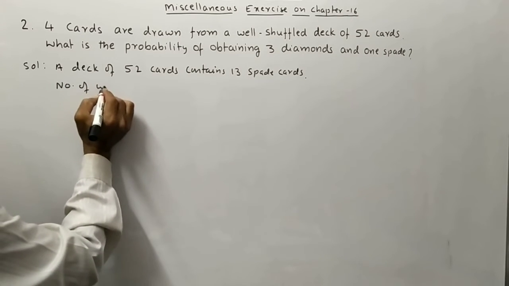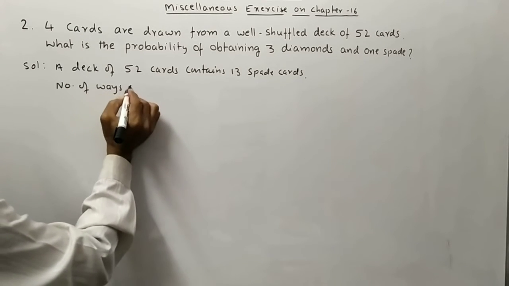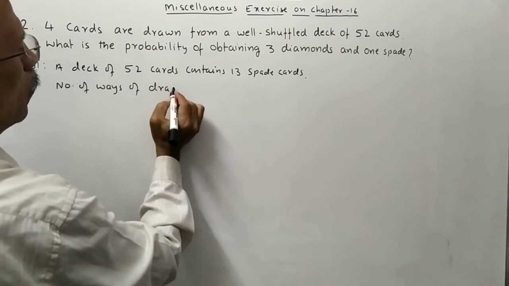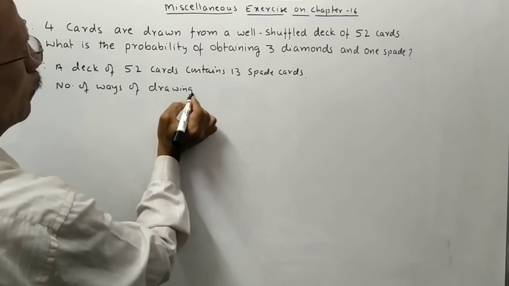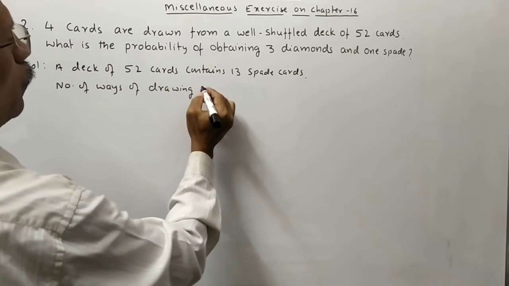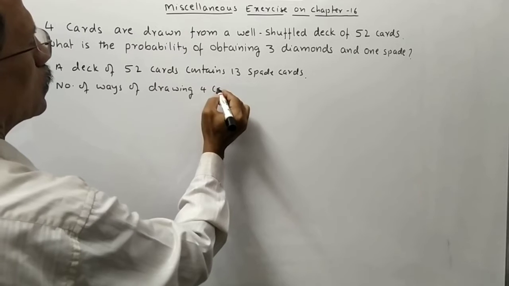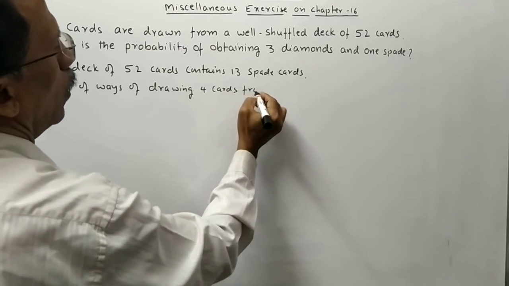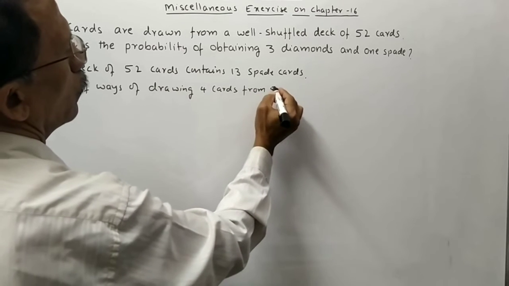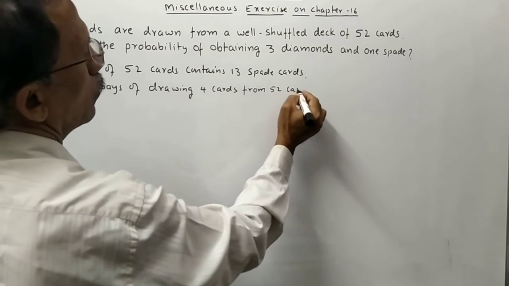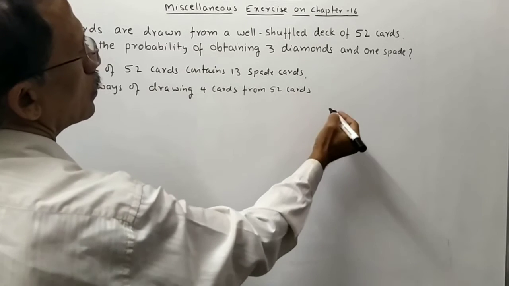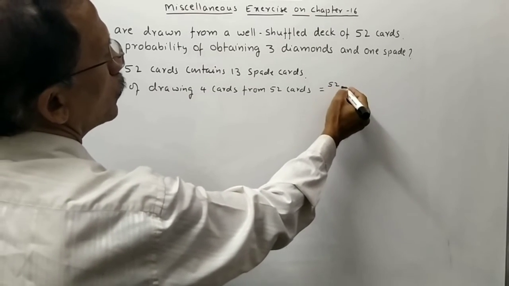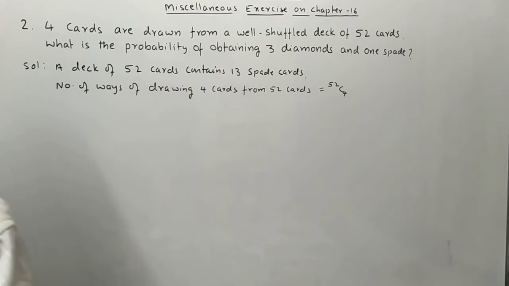Number of ways of drawing 4 cards from 52 cards is equal to 52C4.